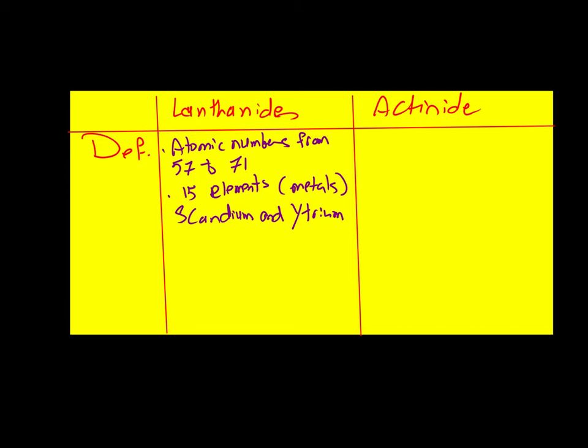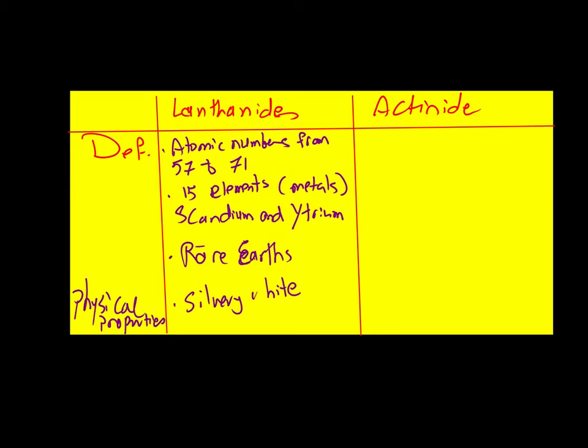Also, lanthanides, what do we call them? We call them rare earths. They are rare metals found in Earth's crust. Their physical properties include that they are shiny or silvery white metals, and you can find them in some ores.